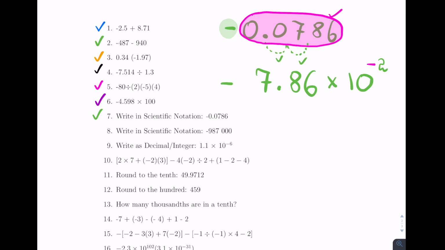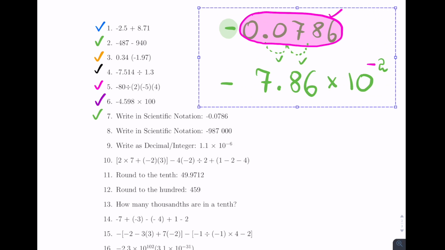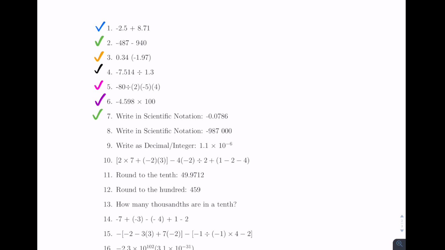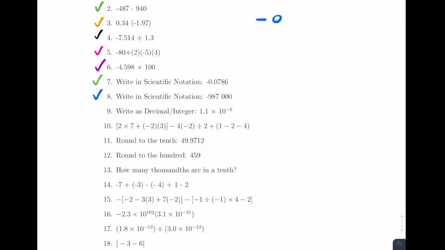Let's try question 8. Once again, we have to place this in scientific notation. Again, it's negative. Just means our number will be negative. Next, we need magnitude to be between 1 and 10.